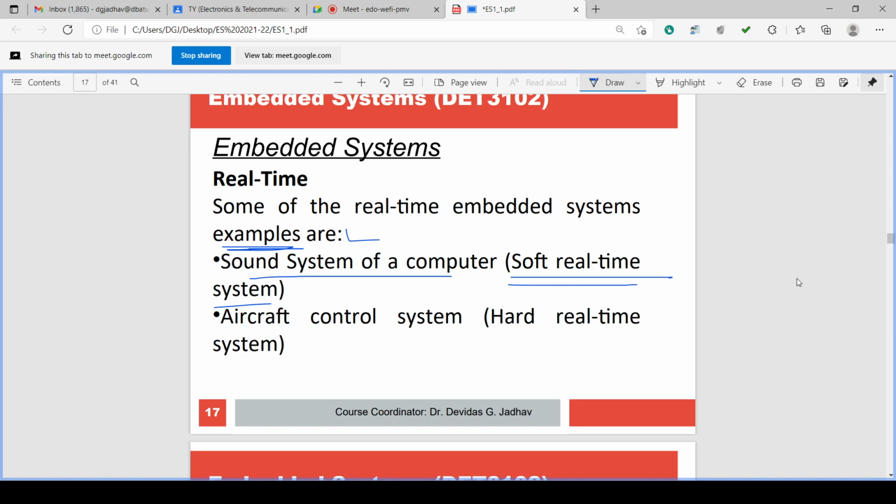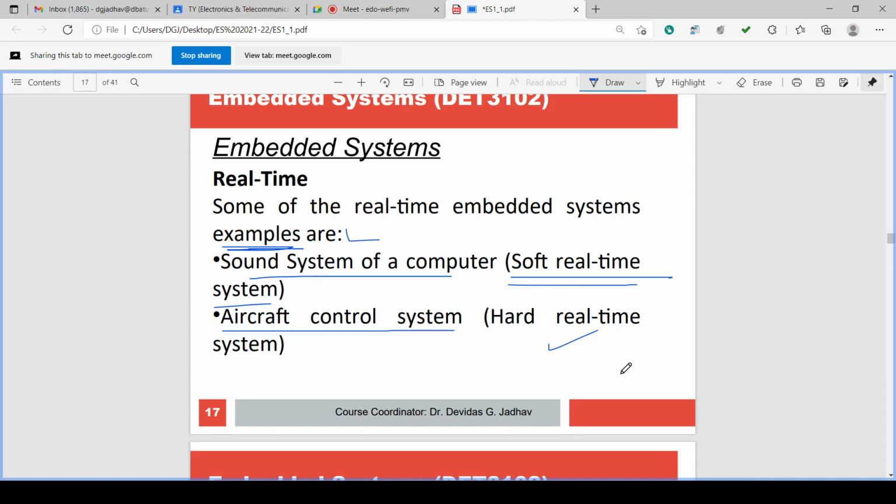Then the aircraft control system is a hard real-time system, because the aircraft control system requires very stringent completion of the task.